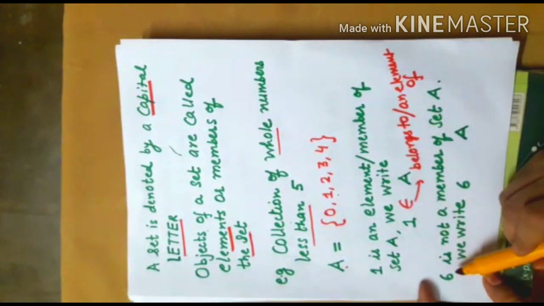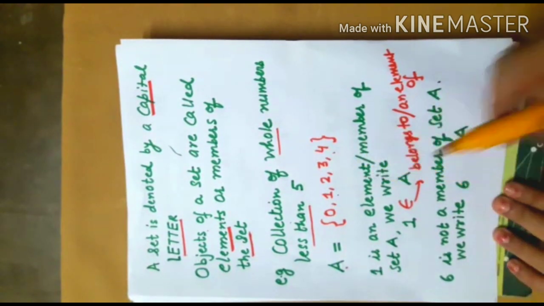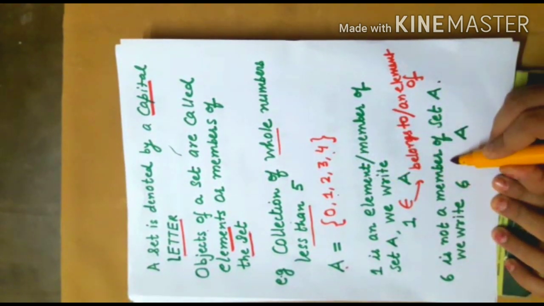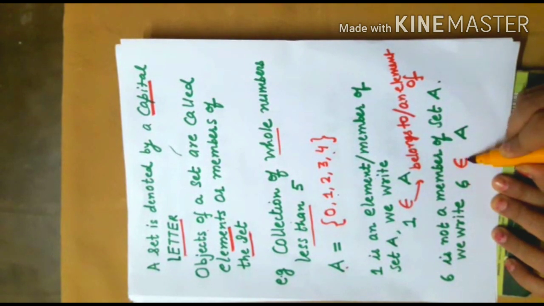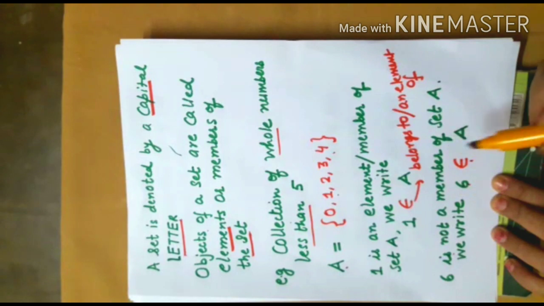Similarly, 6 is not a member of this set A. So I will write 6 ∉ A. Now this is the symbol for an element of, but 6 is not an element of set A. So I'll write this way.